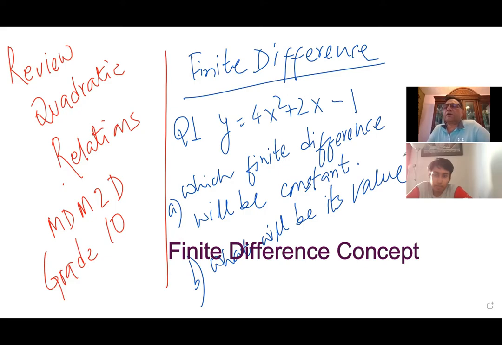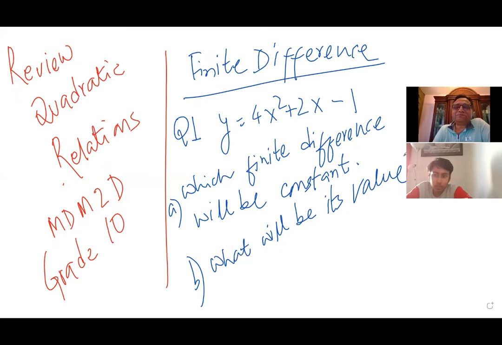If it is a quadratic equation and you want to find the finite difference, which finite difference will be constant? It would be the second. Can't hear you, the internet problem. Oh, it would be the second finite difference.